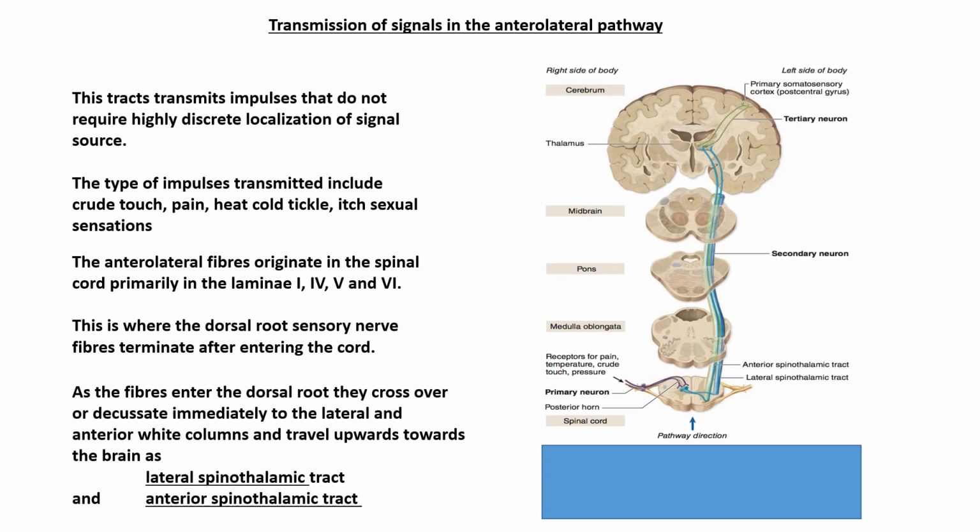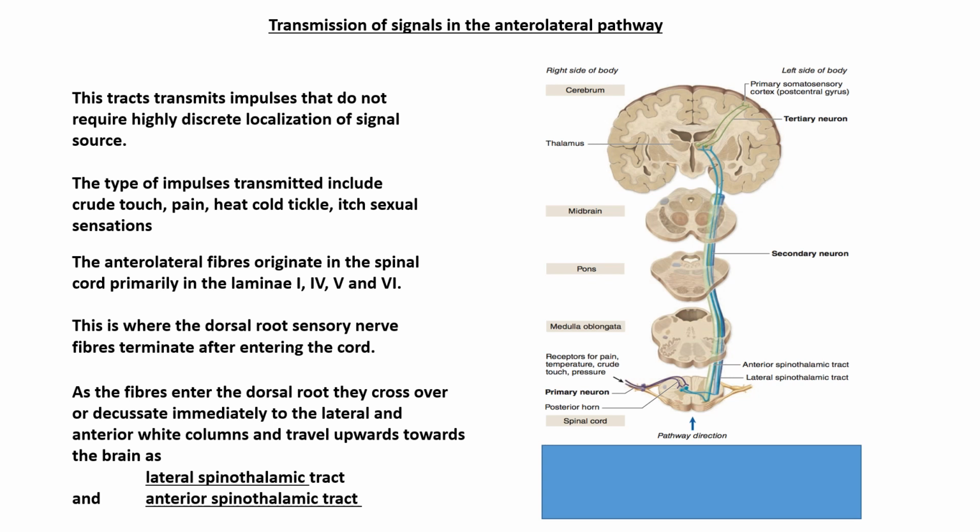Now the anterolateral pathway. The anterolateral pathway consists of the anterior spinothalamic tract and the lateral spinothalamic tract. Again, it carries impulses from receptors for pain, temperature, crude touch, and pressure. Here you have impulses carried by the nerve from the receptors.